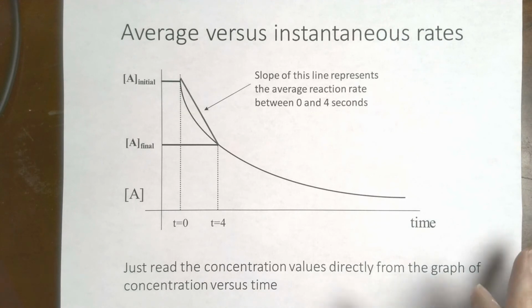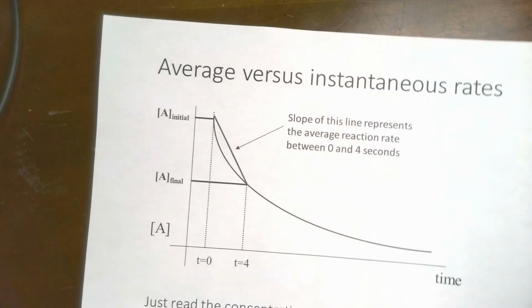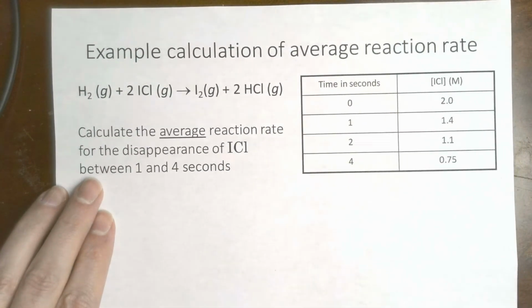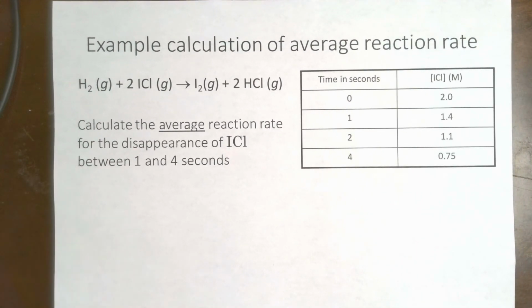We're going to do something similar to that, performing a calculation like this, except instead of having to look at the plot, you actually have a table of data. The table of data tells you, over time, between time equals 0 and time equals 4, what the concentration of this ICl compound would be.